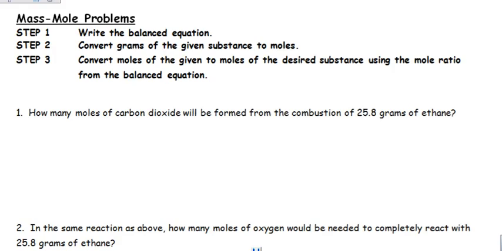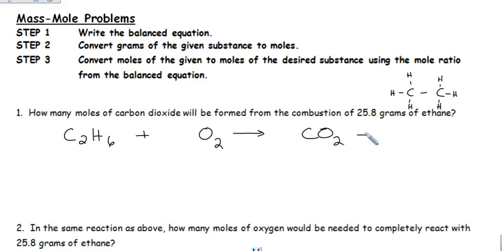Ethane is a 2-carbon chain, single bonded carbons, and the carbons would be surrounded by hydrogen. Hydrogen, hydrogen, hydrogen. So my formula is C2H6. Combustion means that we are burning the organic in the presence of oxygen to produce carbon dioxide and water.